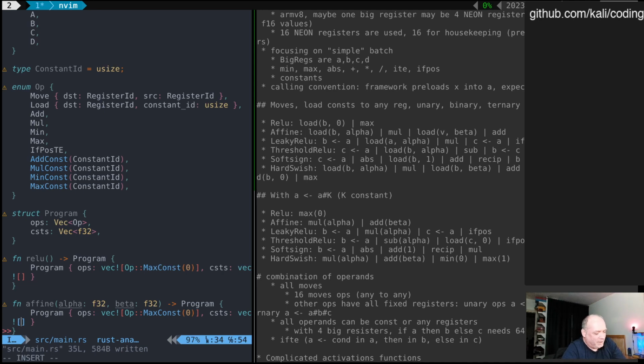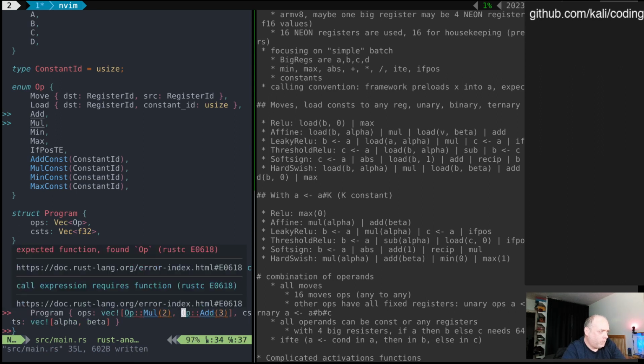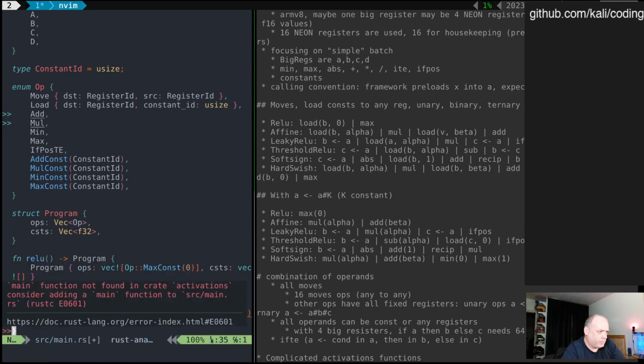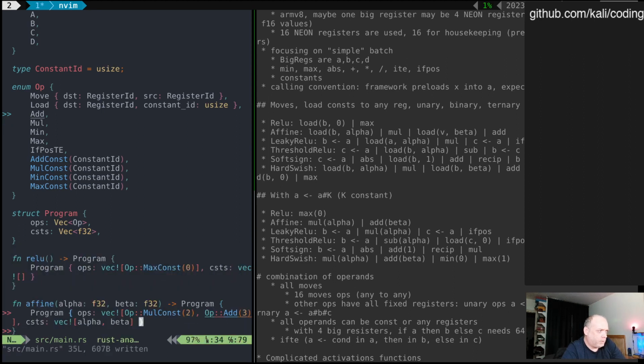Okay, alpha, beta, hopefully it will make sense. And we do op dot affine: mul of alpha, alpha is constant number 2, and op add beta, beta is constant number 3. What's wrong here? I've picked the wrong one. It's mul const and add const.